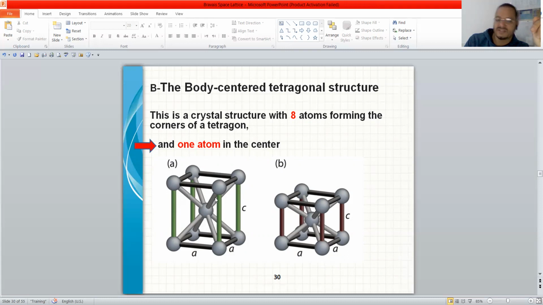At first, C is bigger than A and B, or we can say C is bigger than A. Here, C may be smaller than A. The last result is that C doesn't equal A. We don't have any opportunity to say C equals A here, because that means we would be dealing with another situation, the body-centered cubic structure.